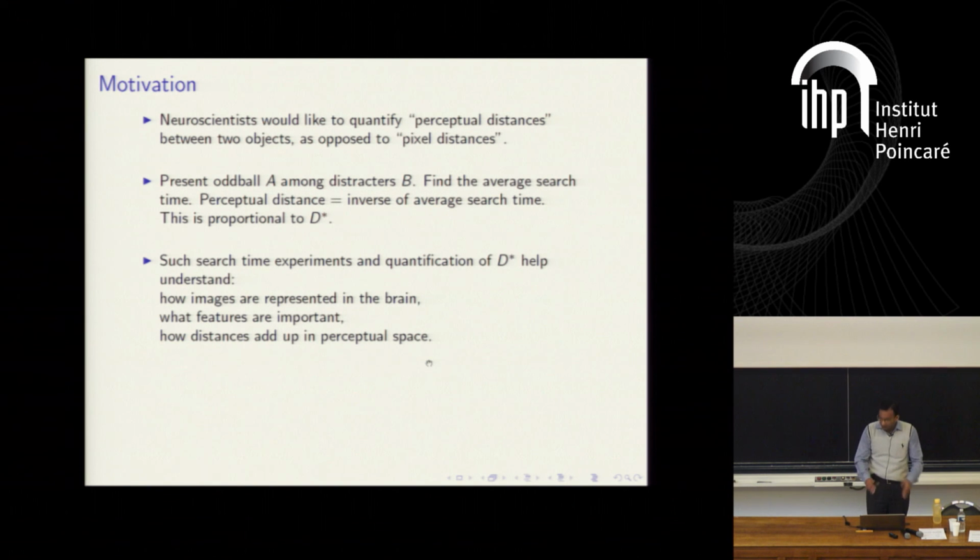Such search time experiments and quantification of D star help understand how images are represented in the brain to some extent. They also tell what features are important and, in another interesting application, how distances can add up in perceptual space. You introduce two images, A and B, where B is a slight variation of A. Then you introduce another, C, which is a slight variation of B, so you have added an extra feature.